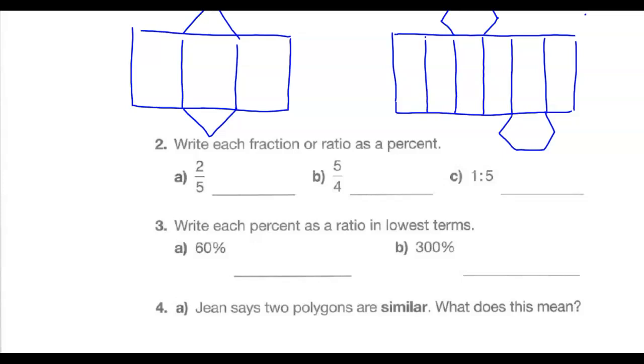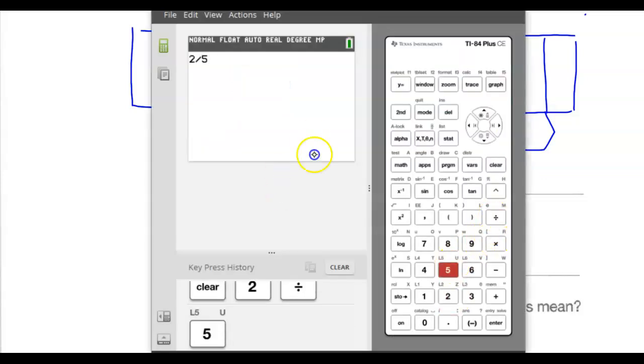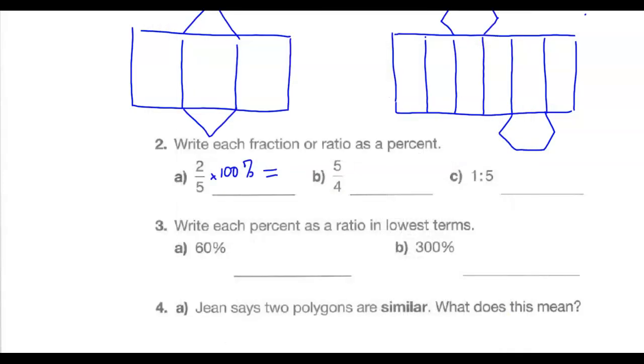Okay. Write each fraction or ratio as a percent. So remember, we did a lot of this in the last unit. So you divide 2 divided by 5 times 100 with the percent symbol. So in your calculator, go 2 divided by 5 times 100, which is 40%. 5 over 4, that's going to be more than 100%.